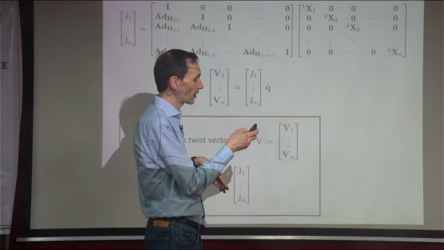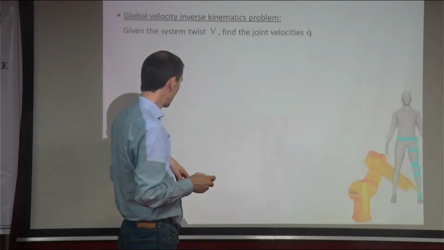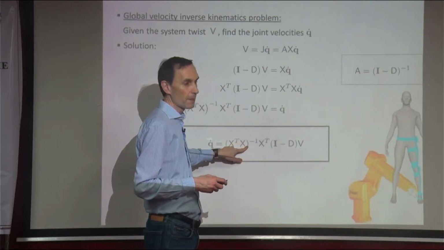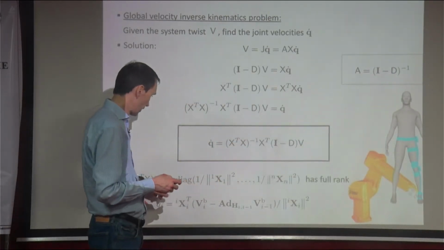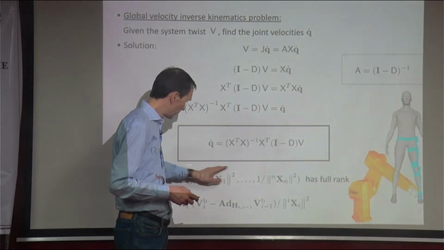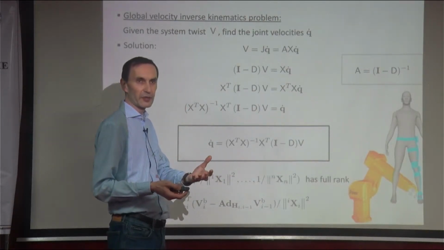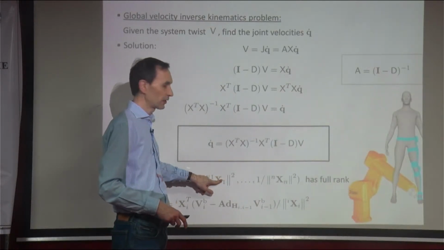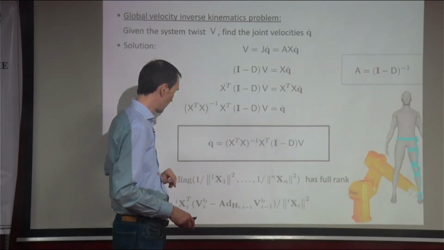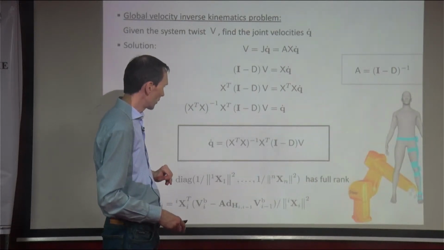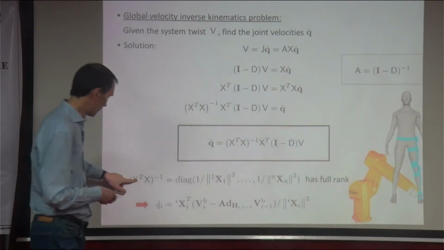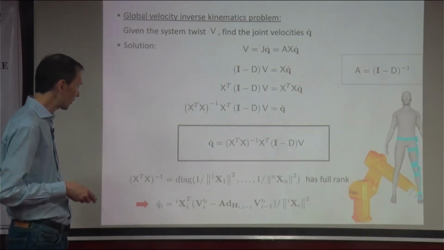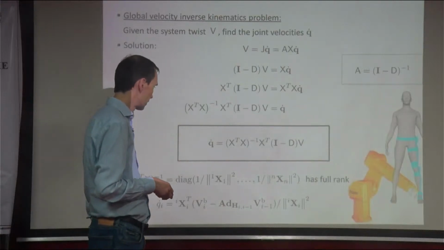Then we have to take the inverse. But the inverse of a diagonal matrix is the diagonal matrix with the components 1 over the components. Then you have to multiply with X transposed. And there we go, and that's it.